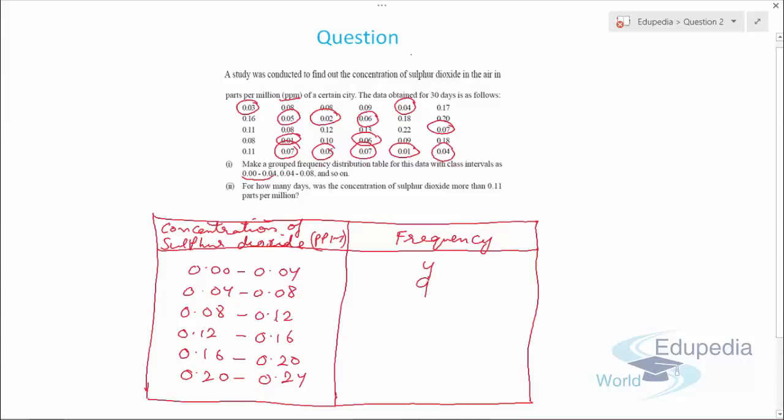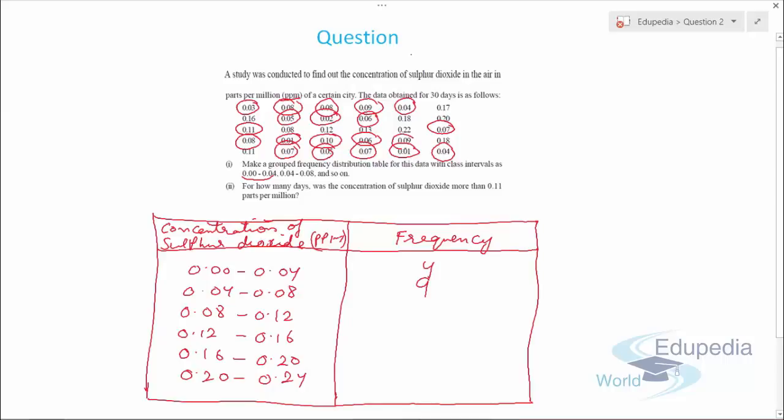Then 0.08 to 0.12 should be less than 0.12, right? So we can say 1, 2, 3, then we have 4, then we have 5, 6, right?